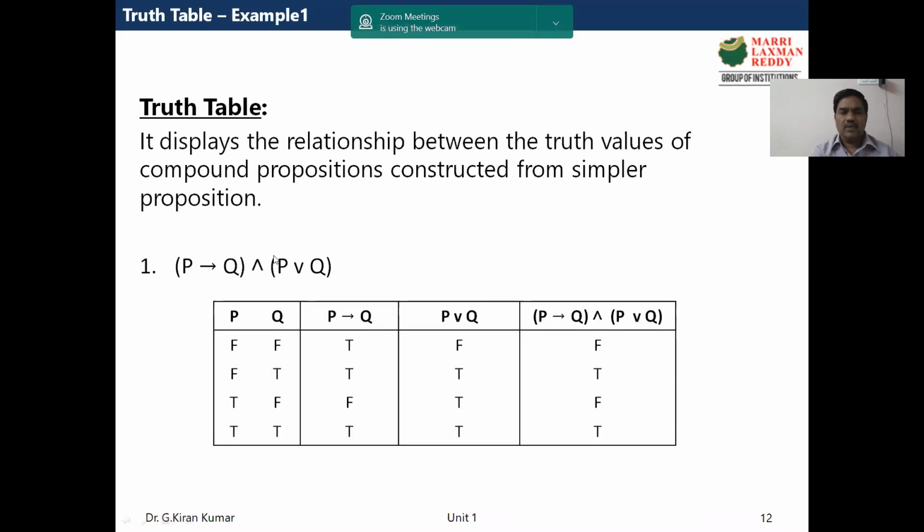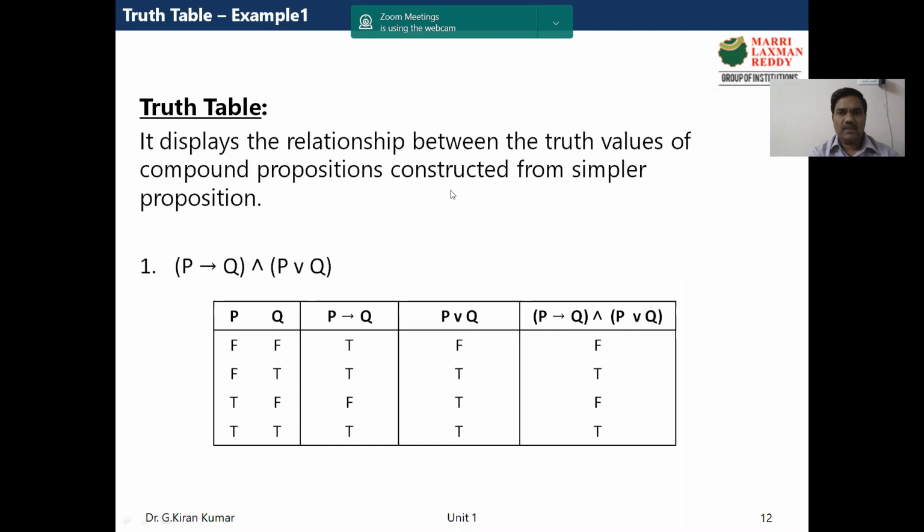So basically, what this truth table indicates is that it displays the relationship between the truth values of compound propositions constructed from simple propositions. What does it mean?